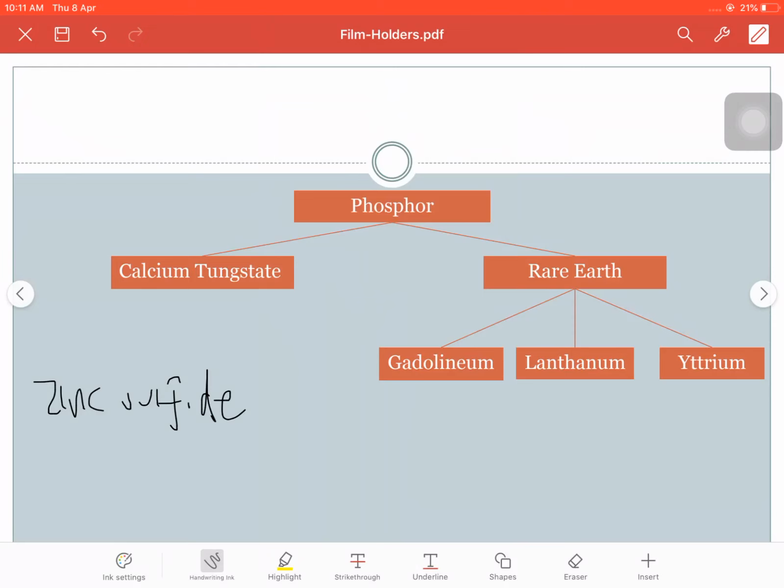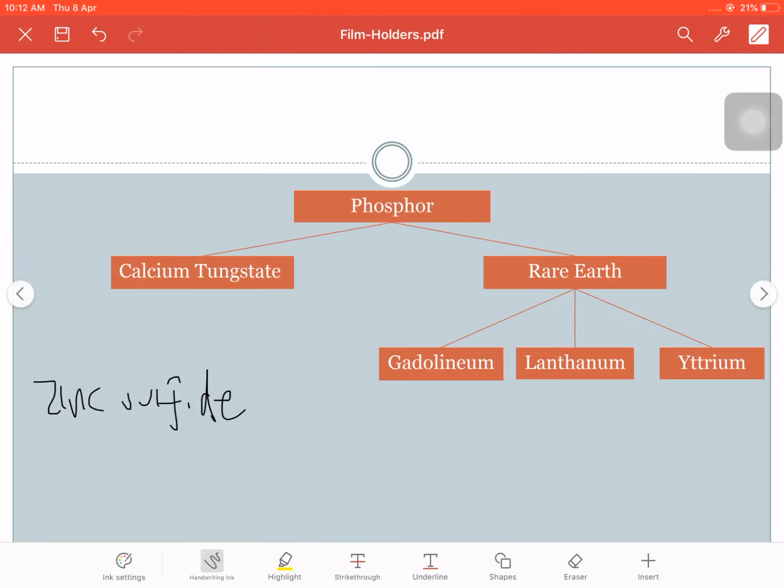Using zinc sulfide decreases the quantum mottle. Therefore, if zinc sulfide uses a low kVp technique to produce a high quality image, we have to increase mAs for compensation.